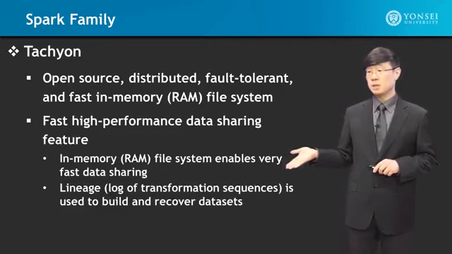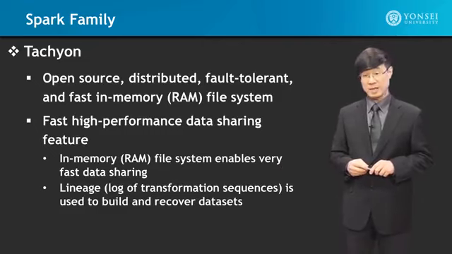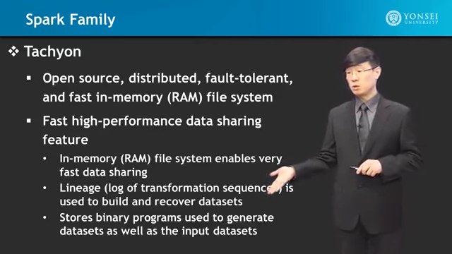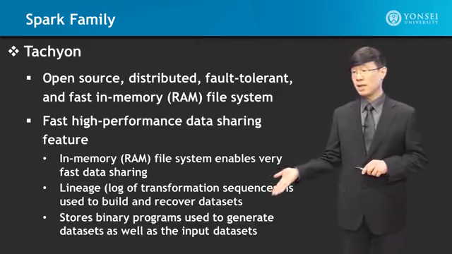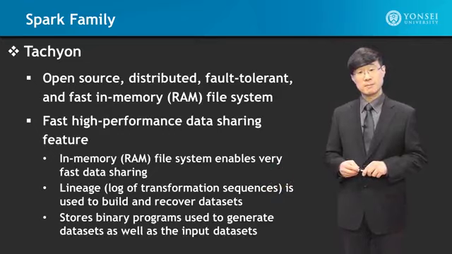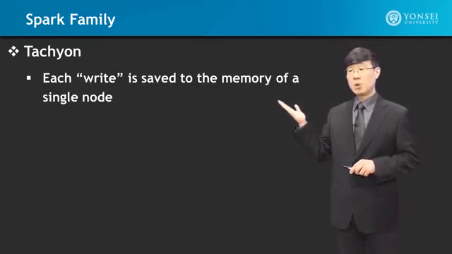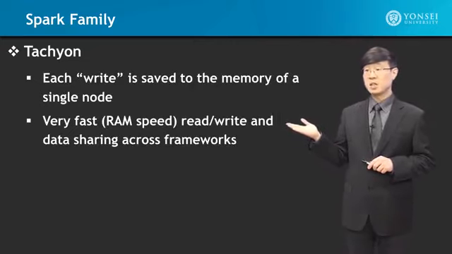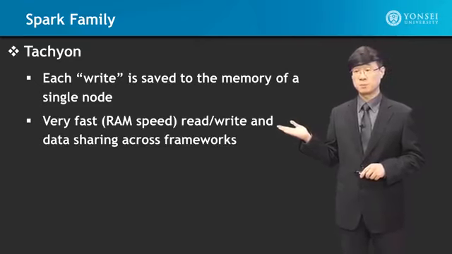This is used to build and recover data sets in case of a failure. It stores binary programs used to generate data sets as well as the input data sets. Each write is saved to the memory of a single node. And very fast read-write and data sharing across frameworks is possible.